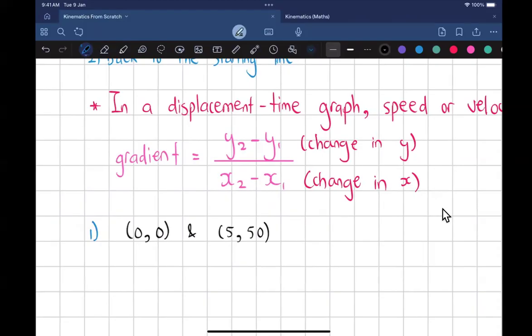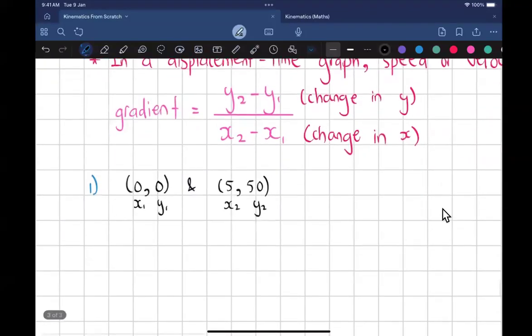Which point is your initial point, your starting-off point? 0, 0. Right, so we're going to label this x1, y1. How do you think we're going to label this? x2, y2. Correct.